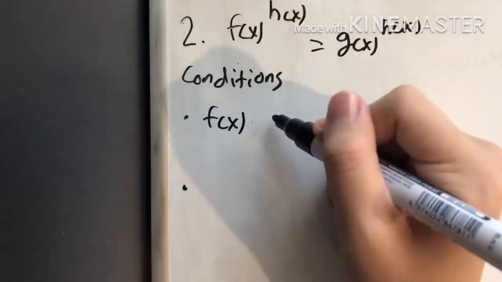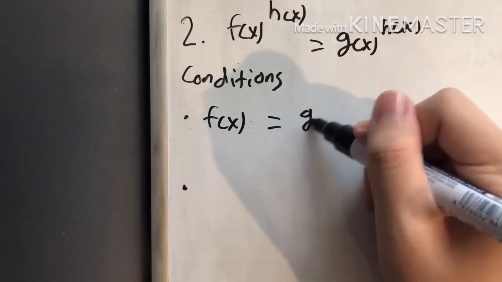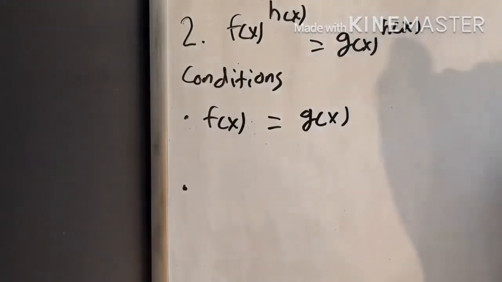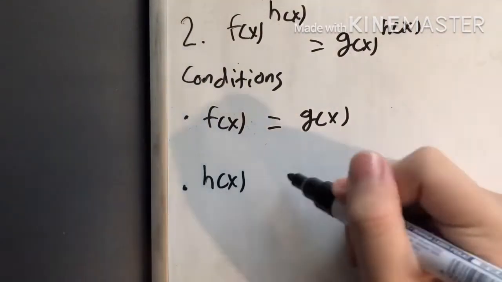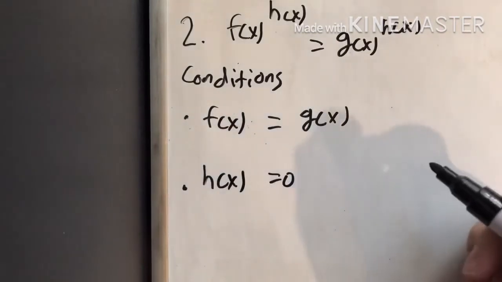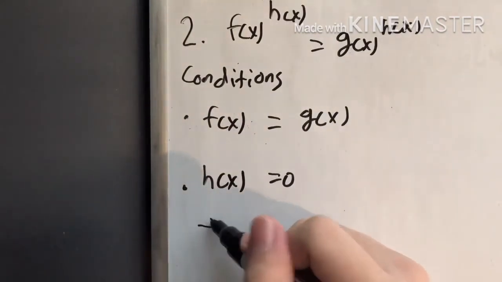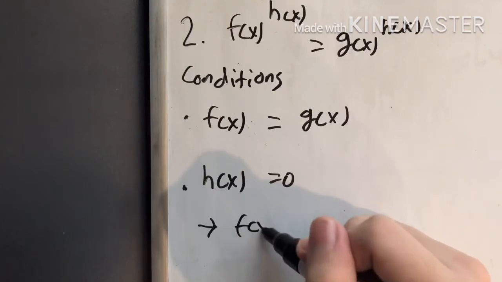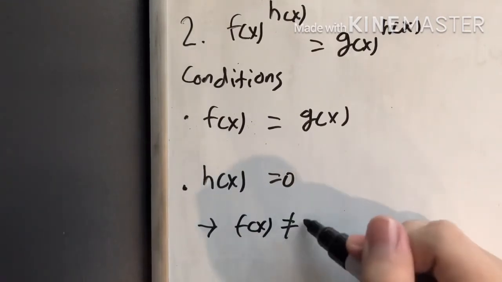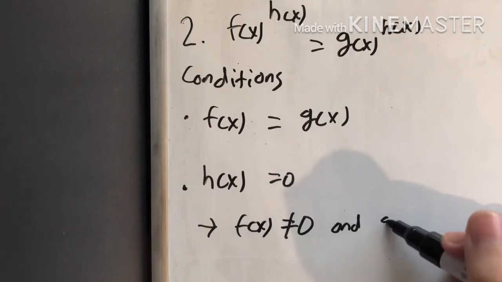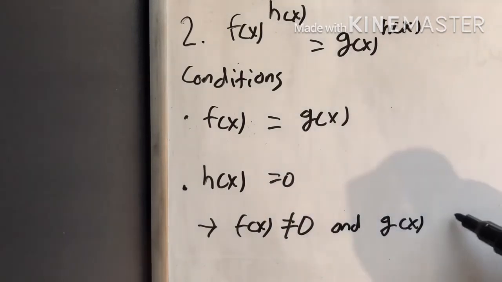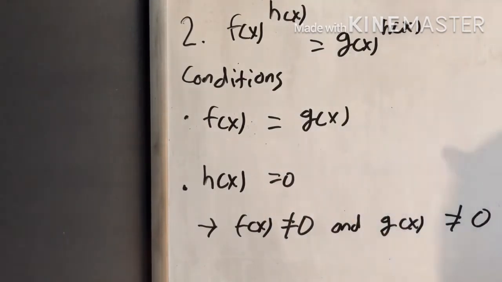The first condition is f(x) is equal to g(x), and the second condition is h(x) equals to 0. And to prove that it is correct, we can use f(x) is not equal to 0 and g(x) is not equal to 0.